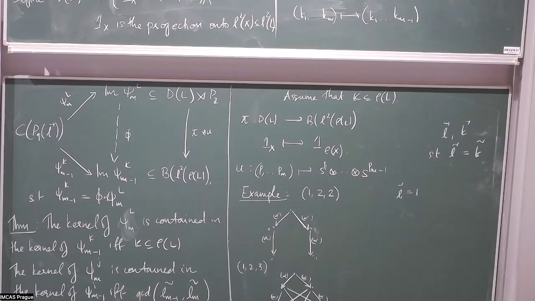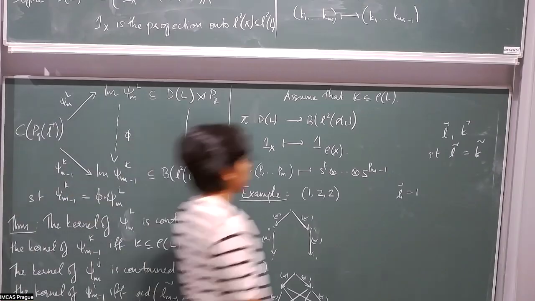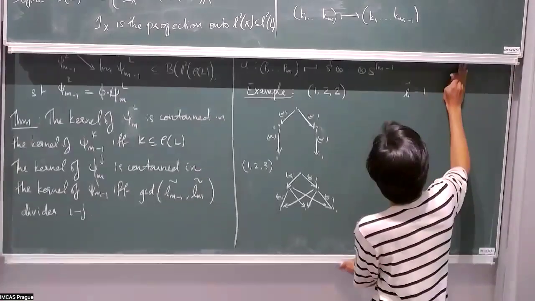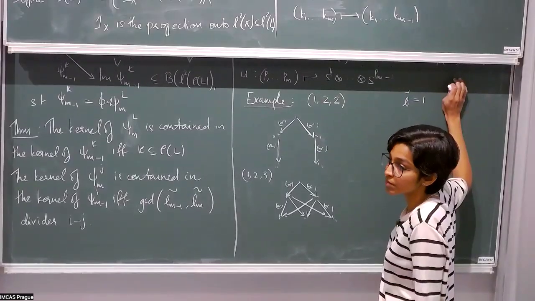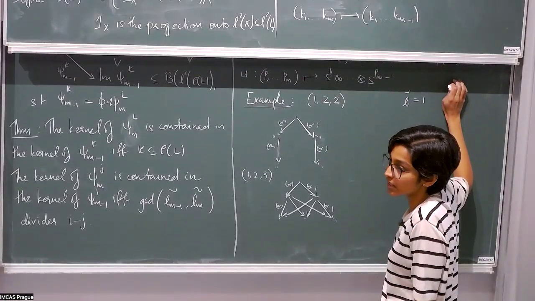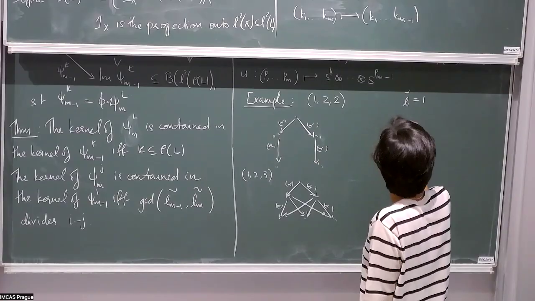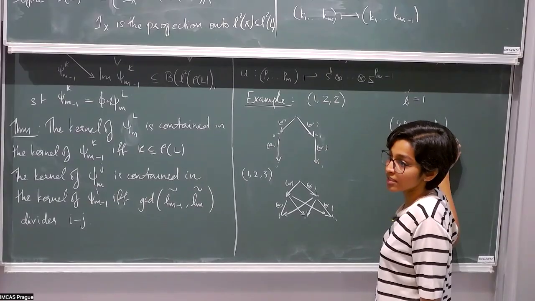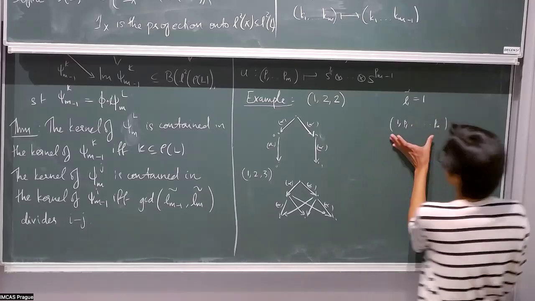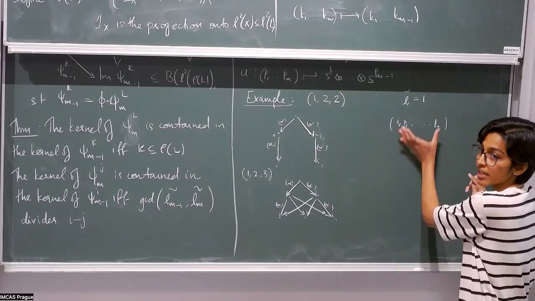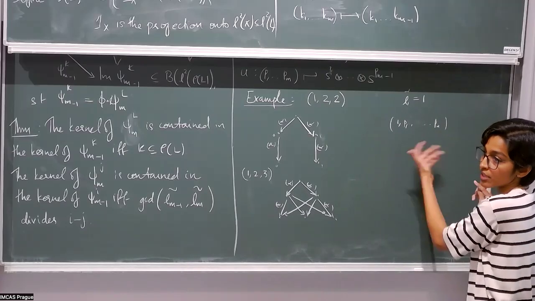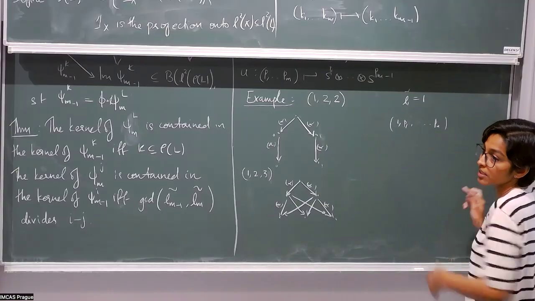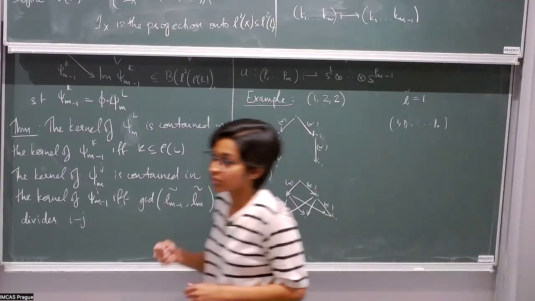Because this L tilde comes from dividing by the GCD. So if I just take 1, P1, etc., all prime numbers, then I cannot divide. This is one isomorphism class, and I can have infinitely many of these isomorphism classes, right? Just taking different prime numbers. So, yeah. Cool.